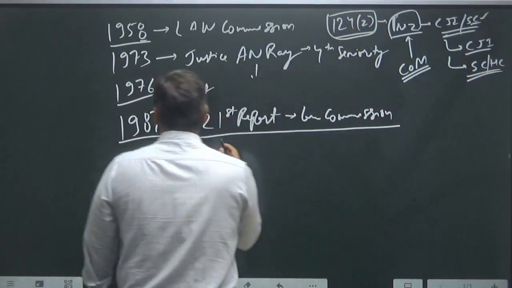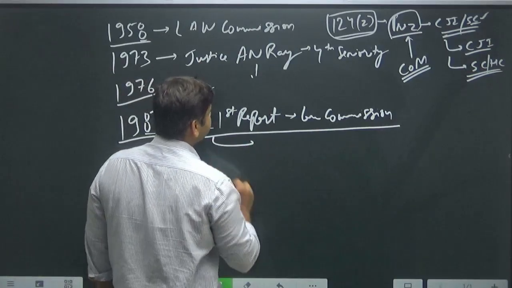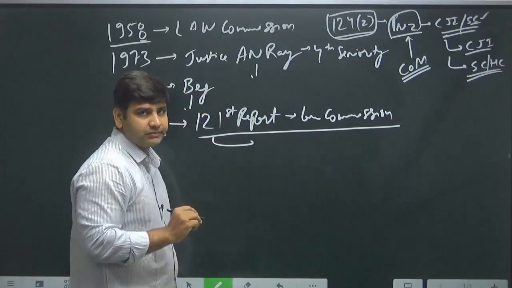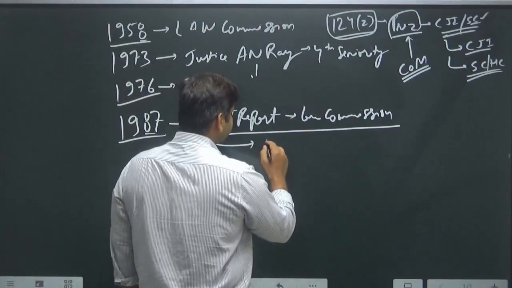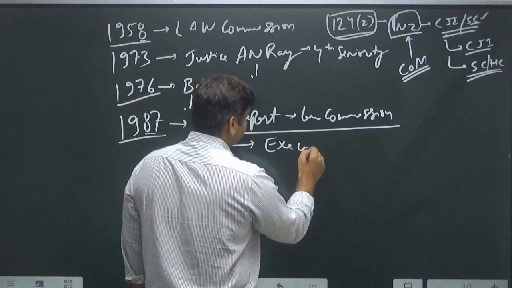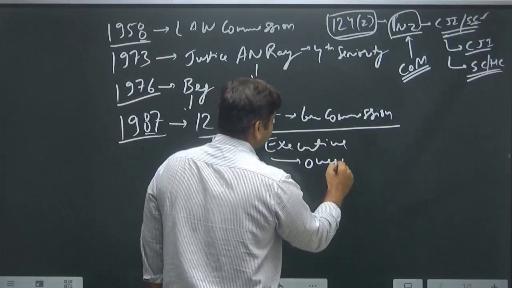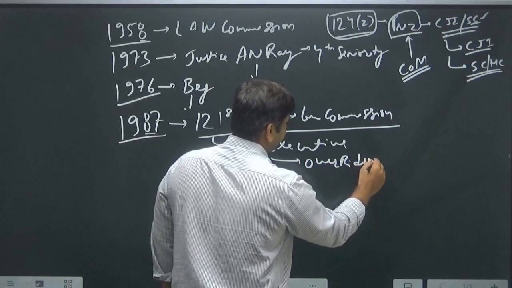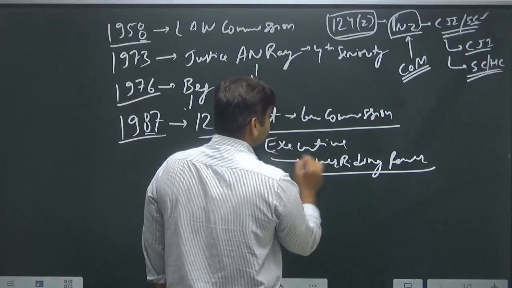In 1987, in the 121st report of the Law Commission, it was said that the executive has overriding powers. Executive, that simply means what?